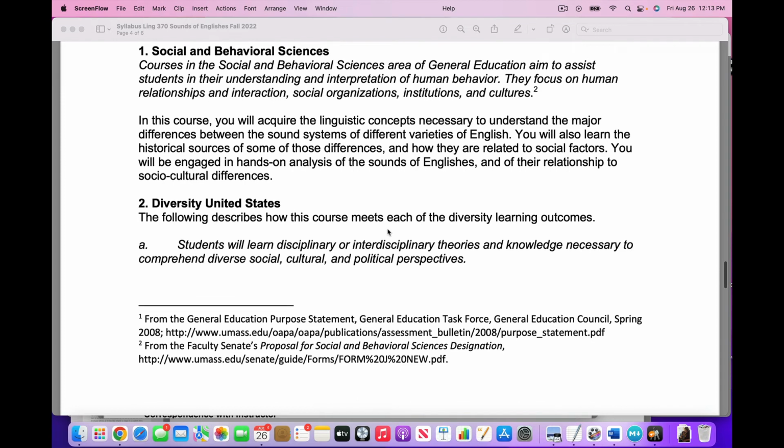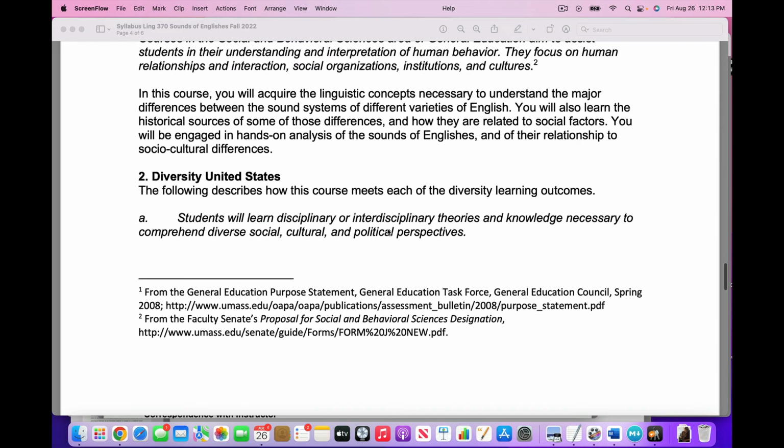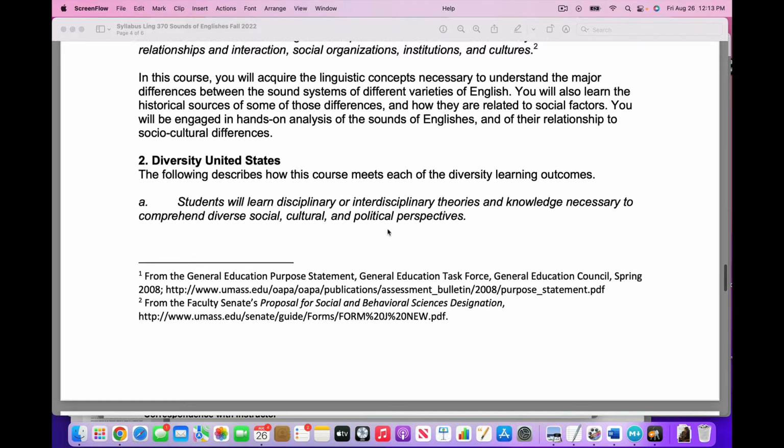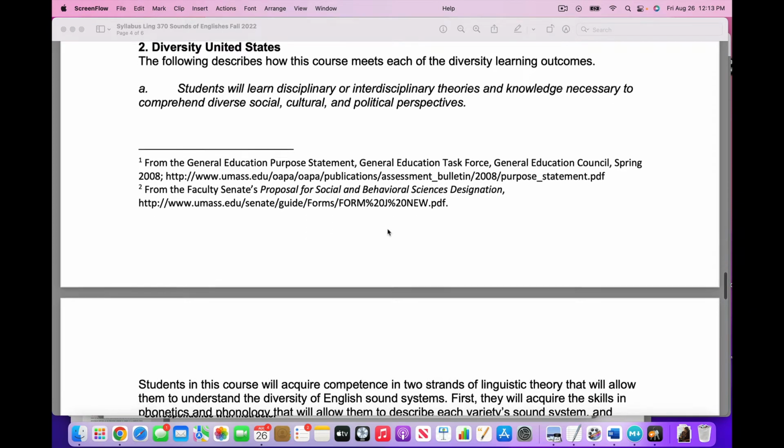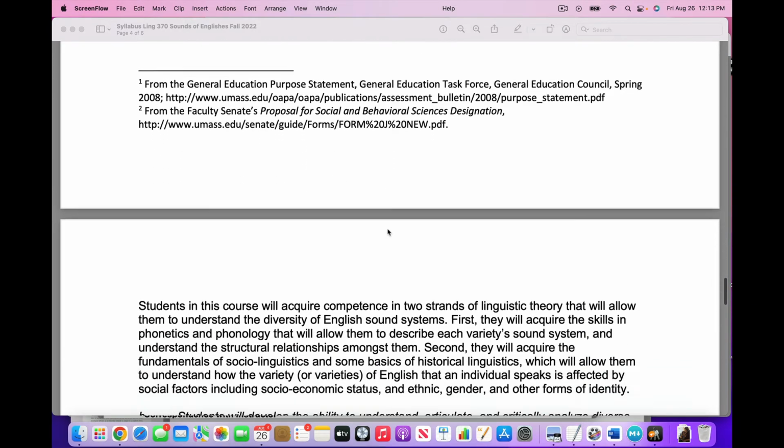You're going to acquire the linguistic concepts necessary to understand the major differences between the sound systems of varieties of Englishes, and you'll learn the relationship between those differences and social factors. The analyses will be very much hands-on, both in terms of studying the sounds of English varieties and how they relate to sociocultural differences. There are a series of diversity learning outcomes that this course meets.